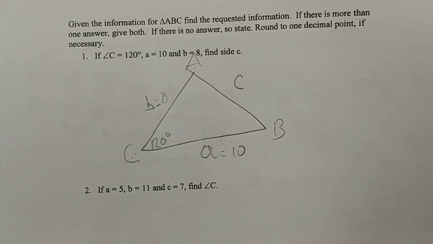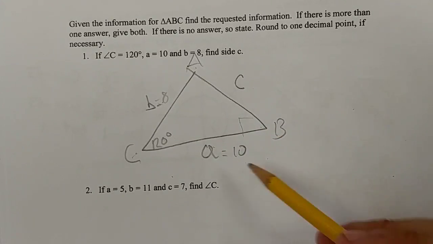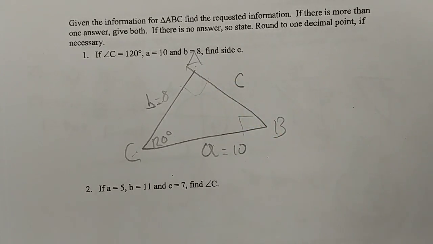Now the problem with this one is that we don't know if this is a right angle, or if A is a right angle. So we can't use trigonometry, or the Pythagorean theorem either, because we don't have the proof for that. So what we're forced to do is something called law of sines or law of cosines.